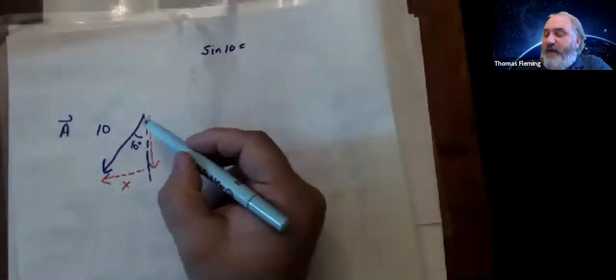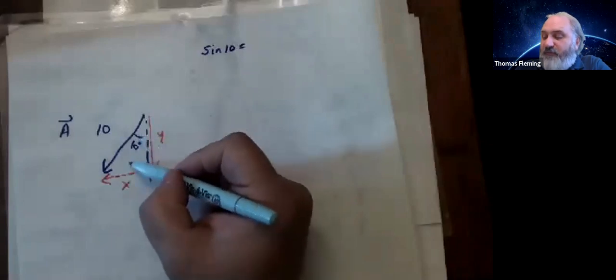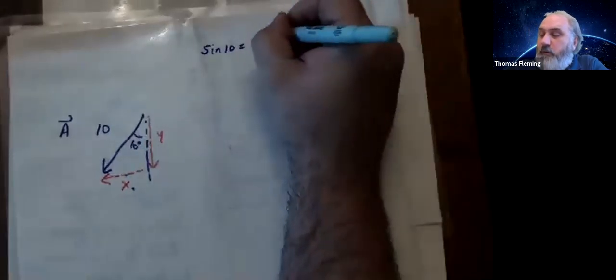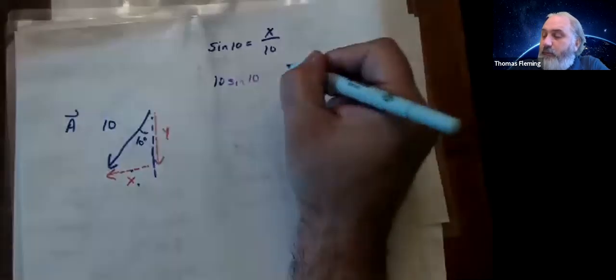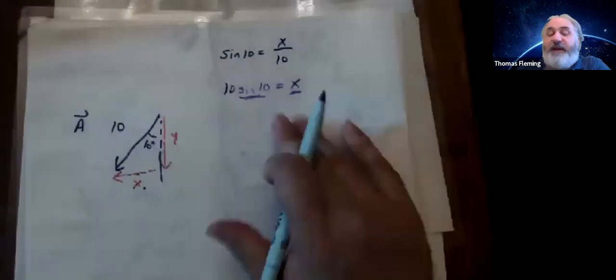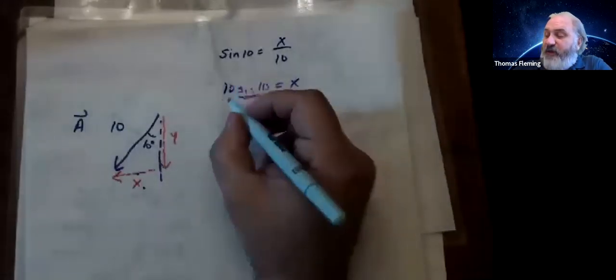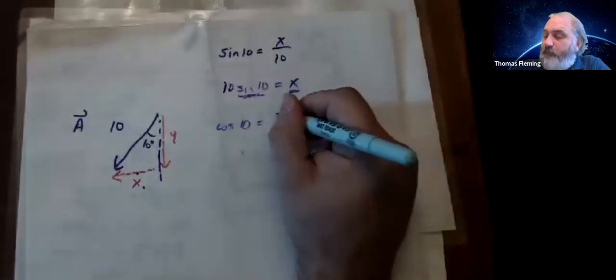But when I do that, the sine is the opposite side over the hypotenuse, and the opposite side of the triangle is not the y part, it's the x part over the hypotenuse, which is still 10. So you'll notice that here's an example where I'm getting the x component, but I'm getting it from the sine. And it all has to do with which angle I've got. By the same reasoning, the cosine of 10 would be the y part.